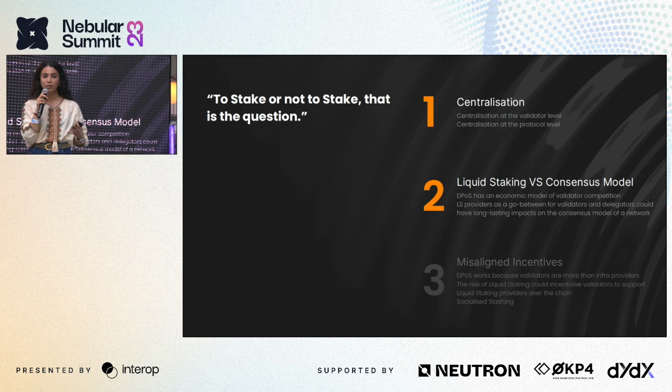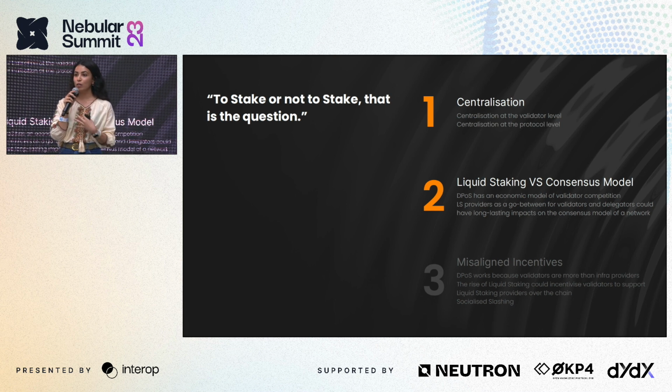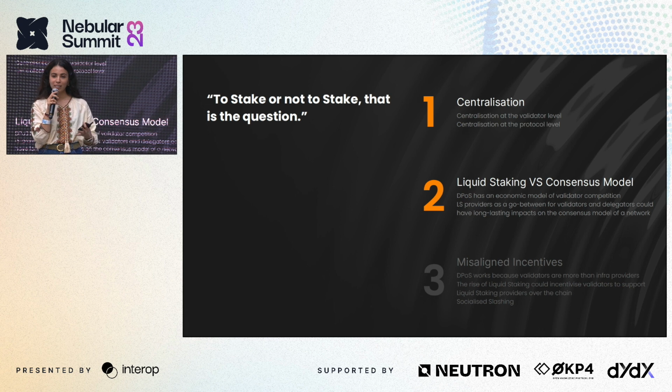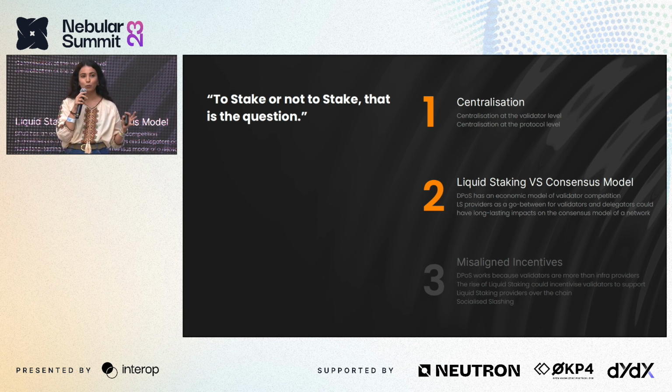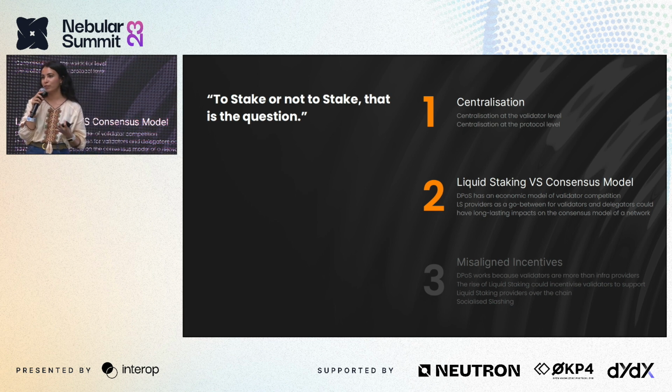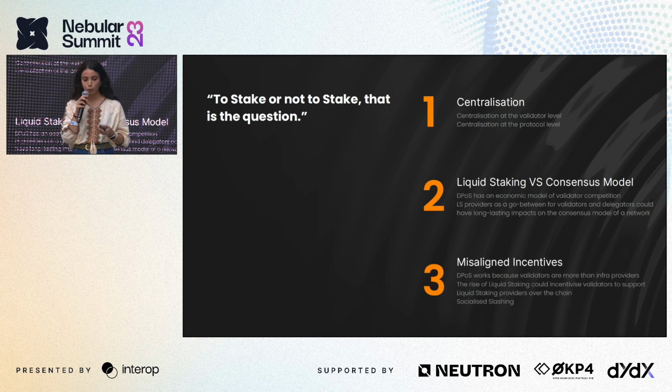They do a lot of cool stuff that also makes them economic actors at the level of these chains and ecosystems. And the potential issue here is that liquid staking providers, as a go-between for delegators and validators, kind of ignore this economic arrangement between delegators and validators that is really at the heart of delegated proof-of-stake. And we could even evolve to situations where there could also be some misaligned incentives.